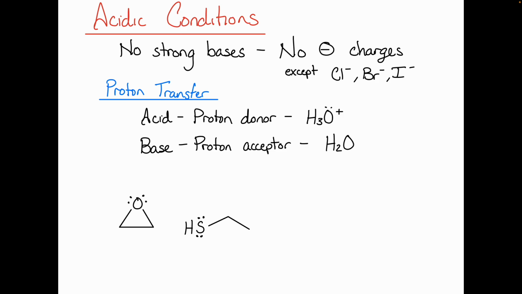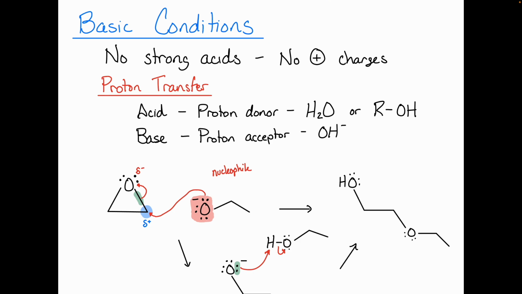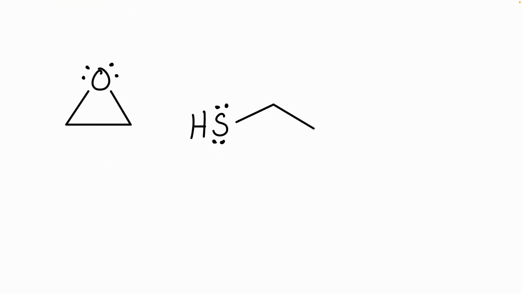So let's just try the same thing we did last time. In our previous mechanism, that first step was nucleophilic attack. Let's do that this time. We're just going to kind of try something out here.